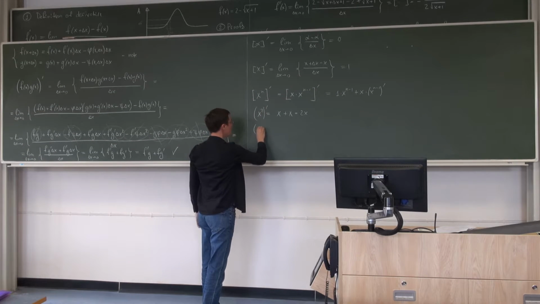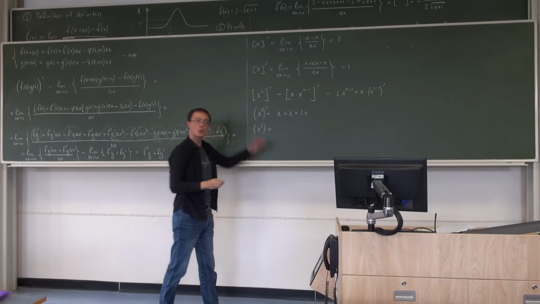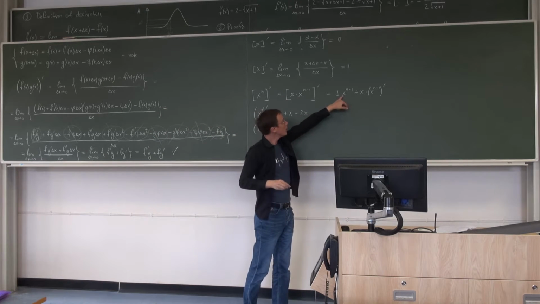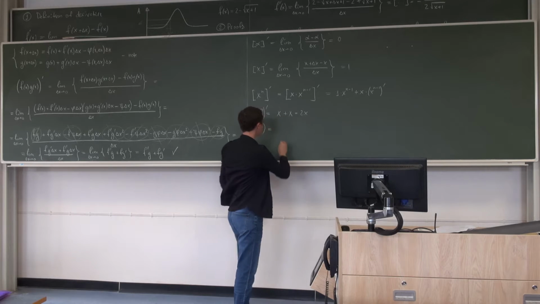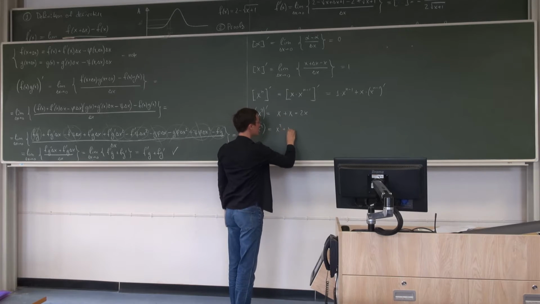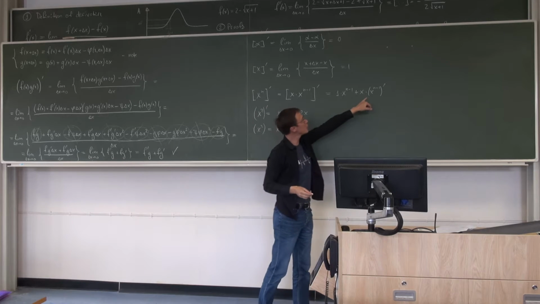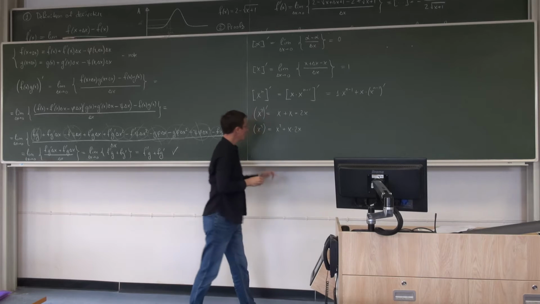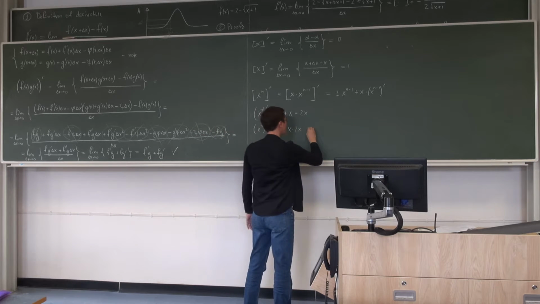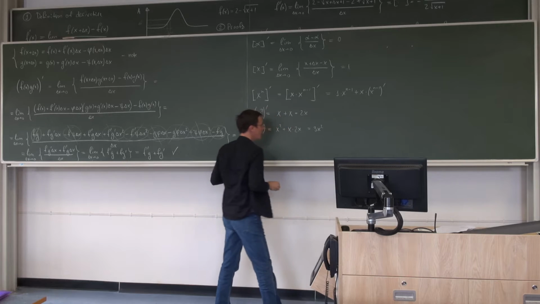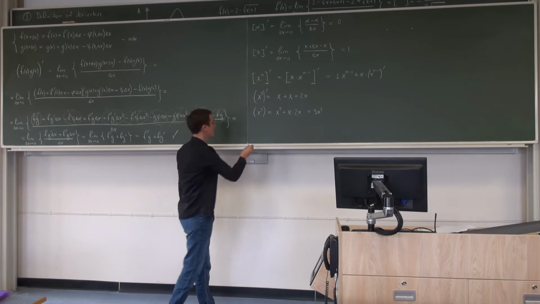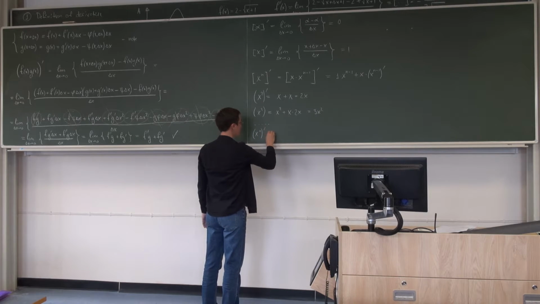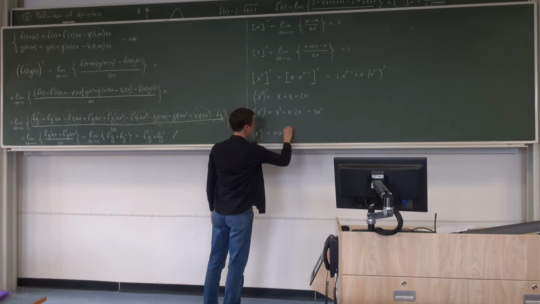And for x cubed, the process is called induction, by the way, in mathematics. n is 3, so this is x squared plus x times the derivative of x squared, 2x. x squared plus 2x squared, 3x squared. And by this time, you can see the pattern. x to the power n prime is n x to the n minus 1.